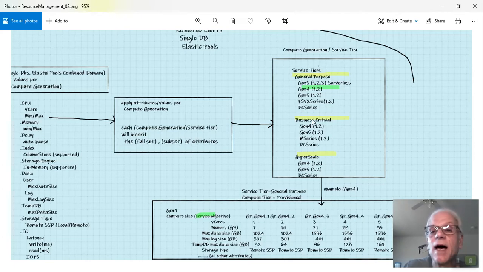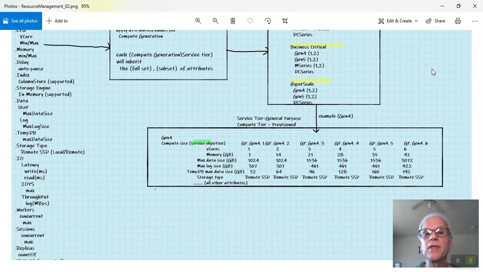Within those, you have the compute generations: Gen 4, Gen 5, FSV2, and Gen 5 for the business critical, with different levels, 1, 2, 3 for Gen 5 serverless. Each of those generations has different gradations of the limits and different sets or subsets of the variable metrics assigned to them.